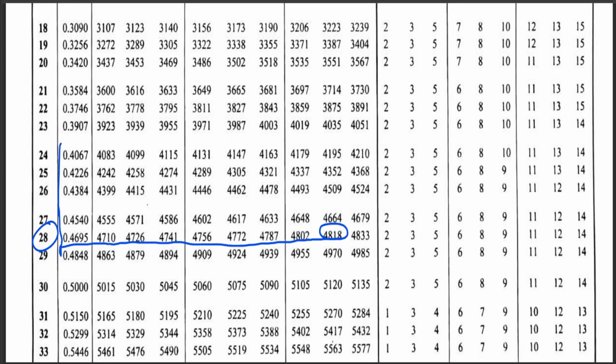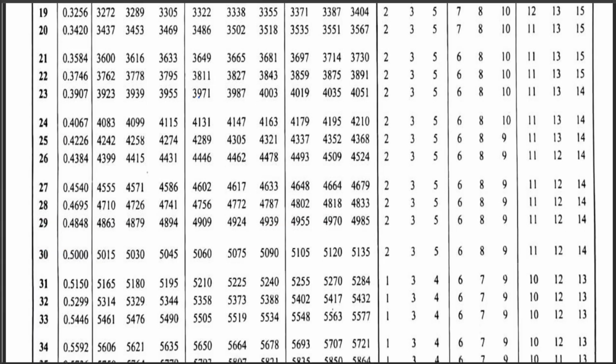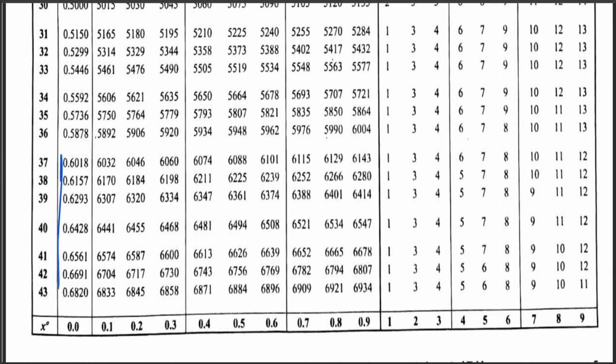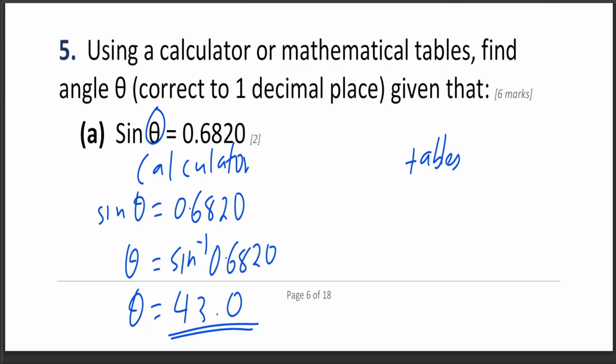So utatafuta 0.6820, 6820, 6820, utashuka mpaka upate. So this is 43.0. So if you use the table, lazima utatafuta sin inverse ya 0.6820 and which utaiona kwenye answers, which will also give you 43.0.